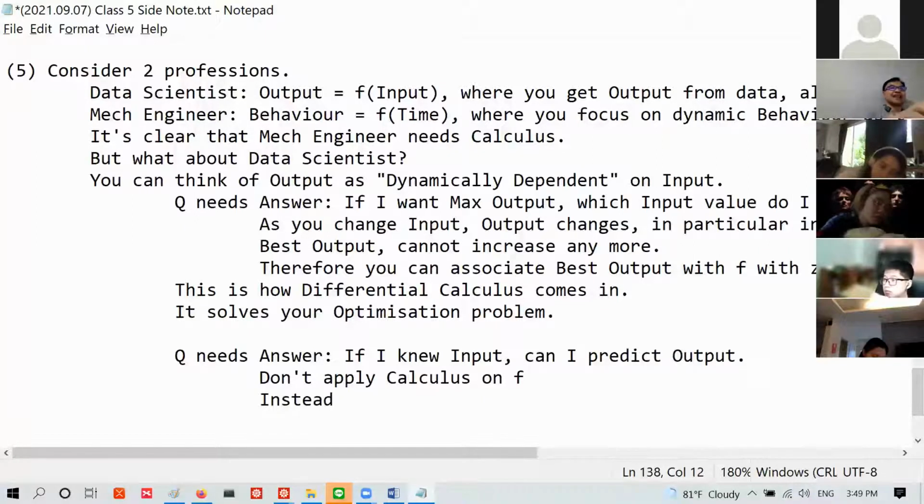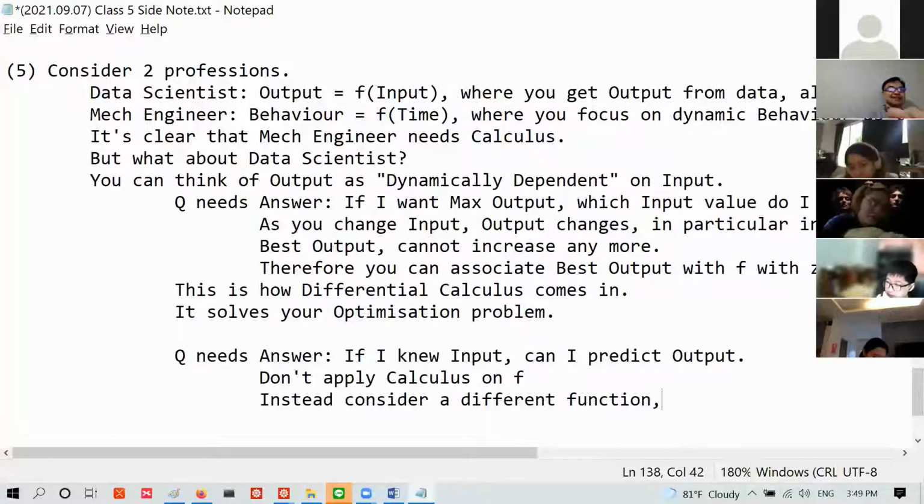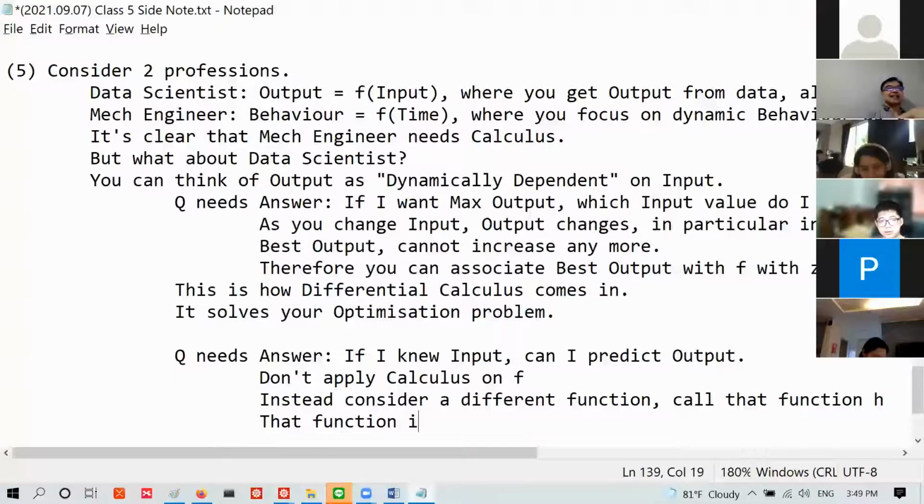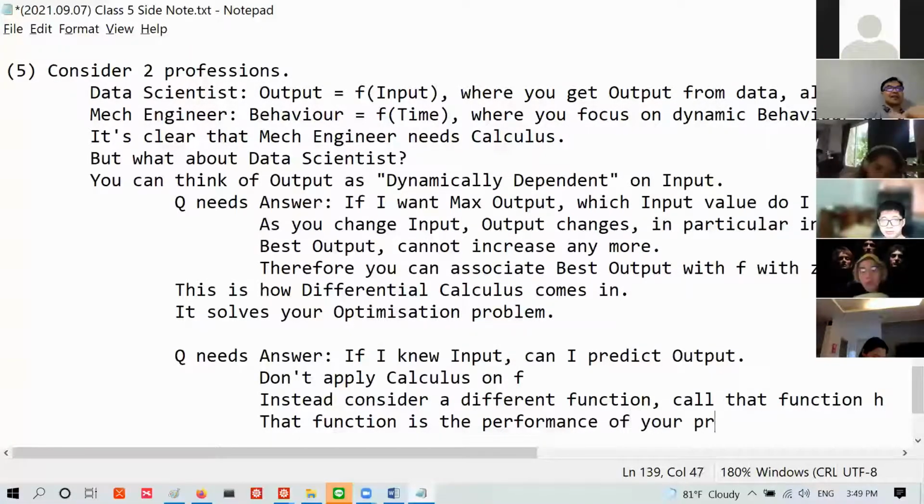Instead, consider a different function. Call that function h. That function is the performance of your prediction.